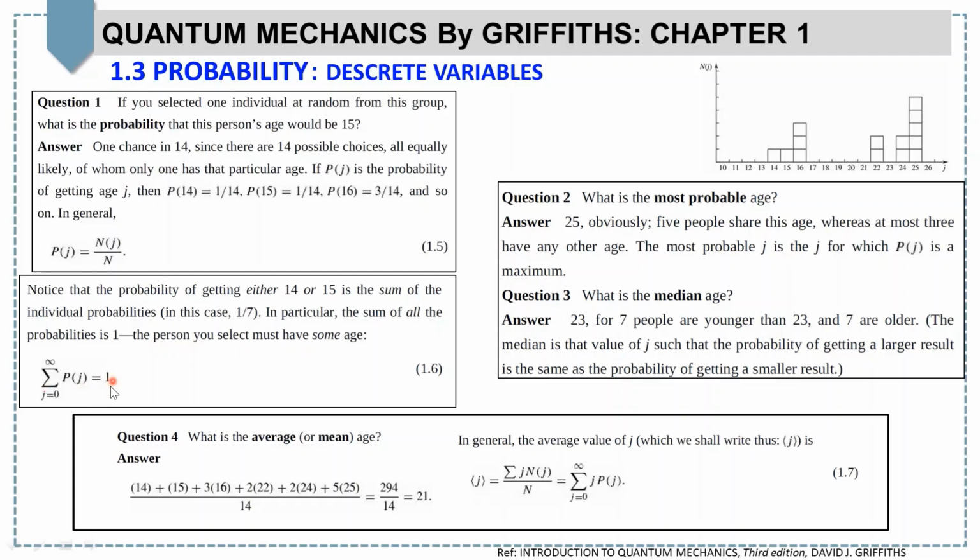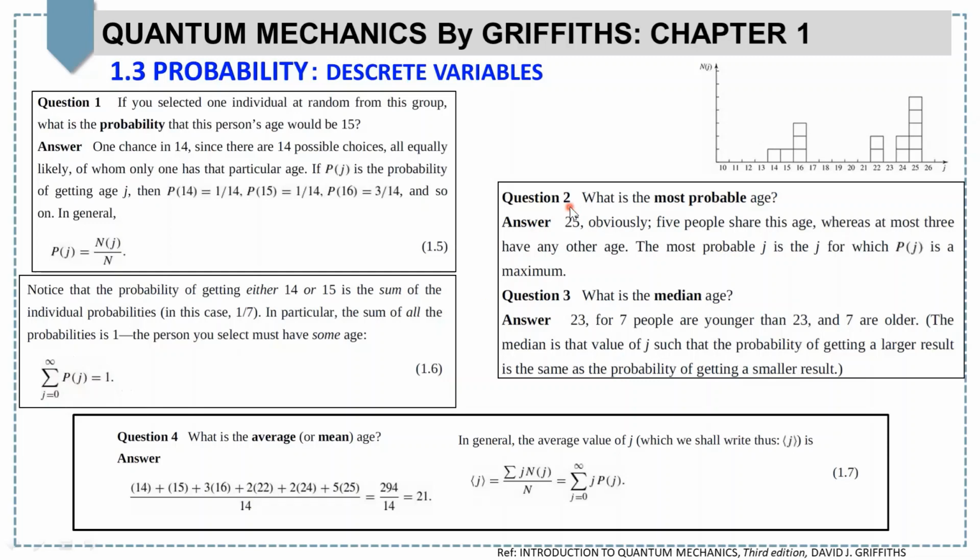This is how you can express it in general form by taking the summation over all of the ages of the persons. So the summation from j equals 0 up to infinity of P(j) equals 1. Suppose this is equation number 1.6.